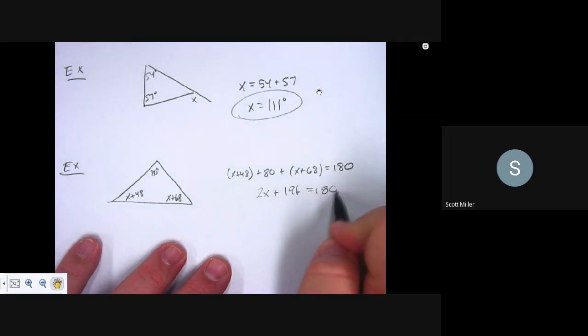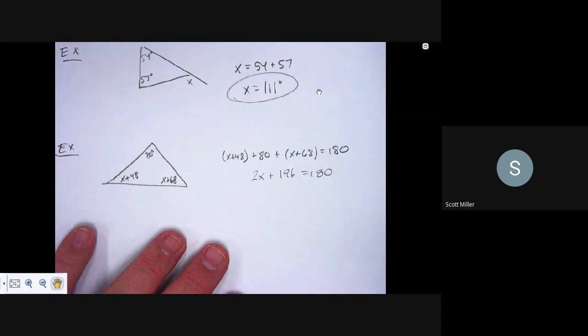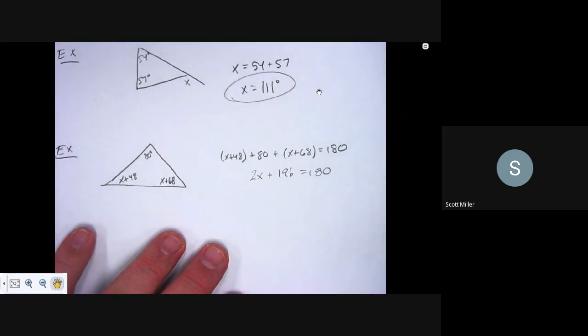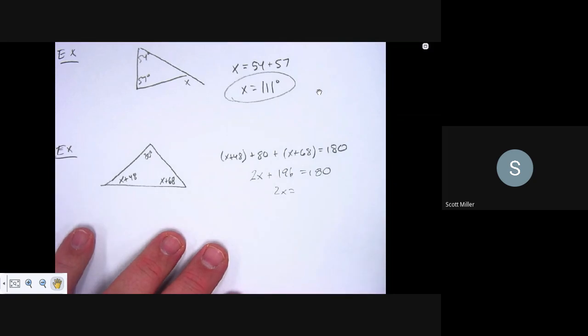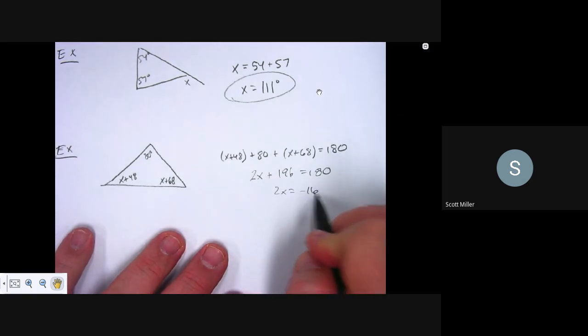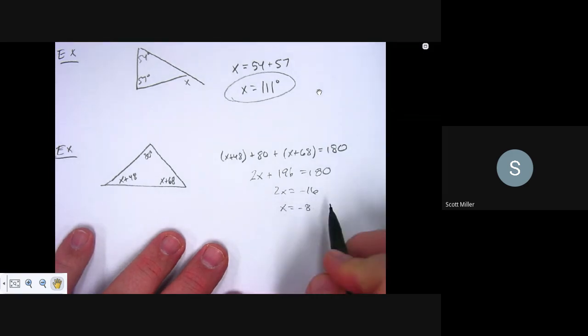I don't know if that's going to work. I think we're going to get a negative x value here. Okay, let's see what we come up with. So solving this out, I'll get 2x equals negative 16. Dividing by 2, x is going to be negative 8.